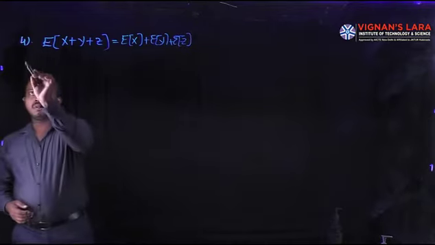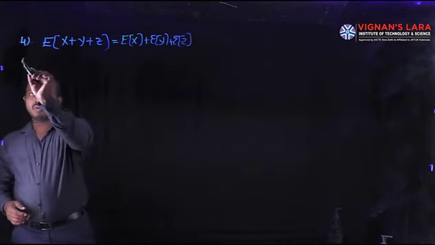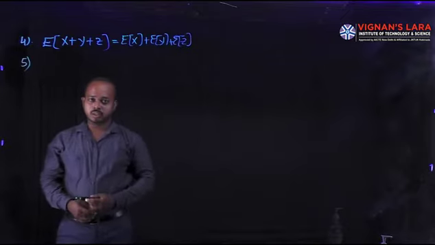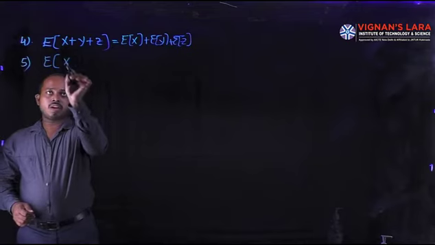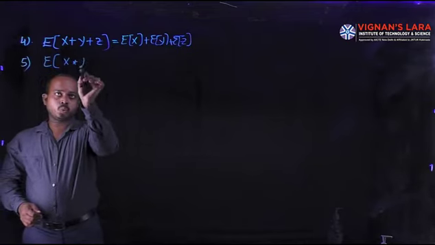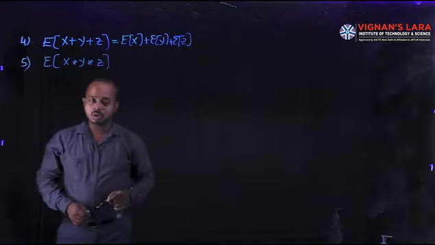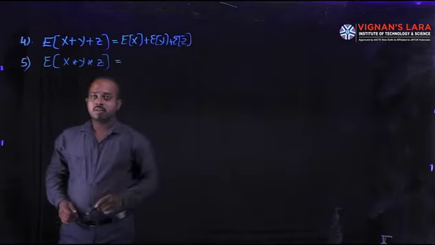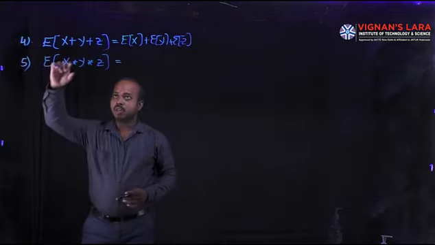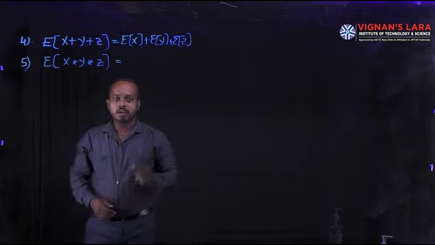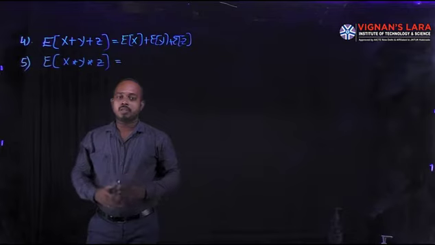And the fifth property in expectation values is the product of random variables x into y into z. Here in this fifth property we must consider that each and every random variable is independent.